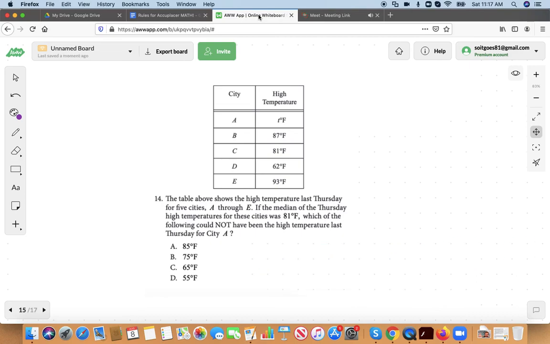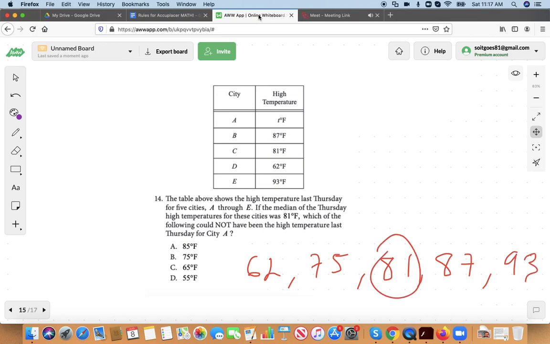So how do we test B? What are we starting with? 62, and then what's next? 75. 81. 87. 93. So could it be city B? Yes, it could be, because that worked. It gave us the middle number.